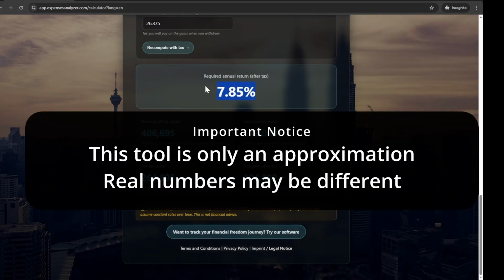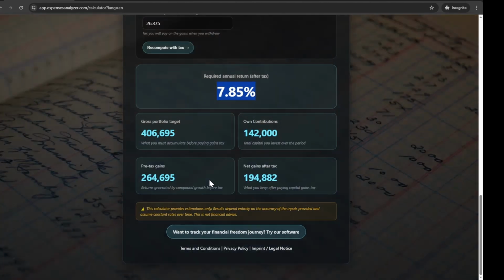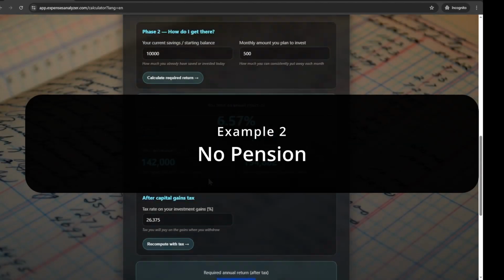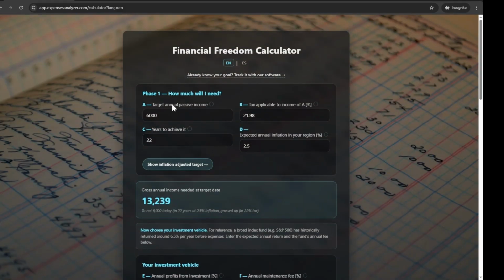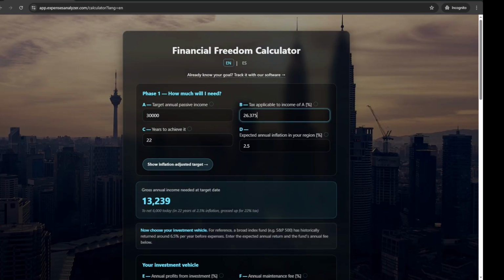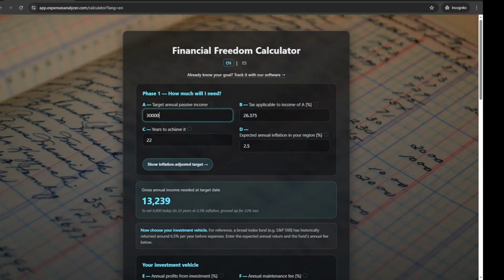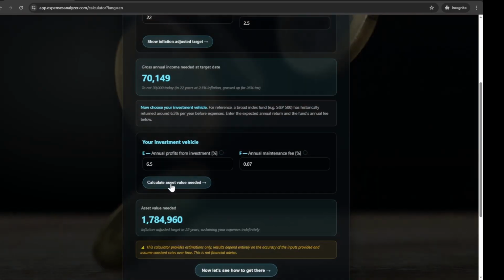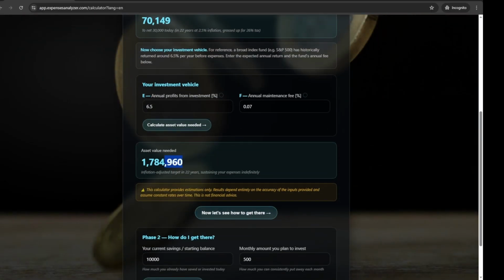But it is totally feasible. Now, what happens if you live in a country where you don't have any pension and you want to receive the 30,000 euros, and I'm going to pay more taxes because it's more money. I'm going to reduce the numbers, and I see I now need more than 1.5 million.